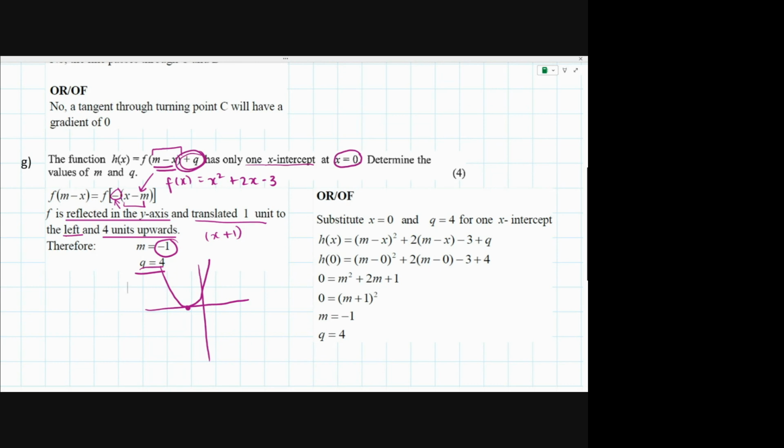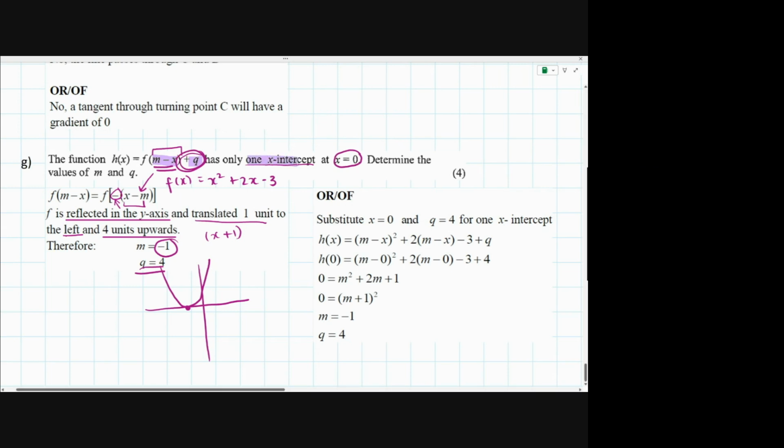But always remember, when you get questions like this where there's a transformation, firstly, understand what the transformation is saying to you. So understand that this bracket represents a shift left or right, and that q represents a shift up or down. Go a step further, and with the rest of your information, visualize for yourself what that would mean for your graph.